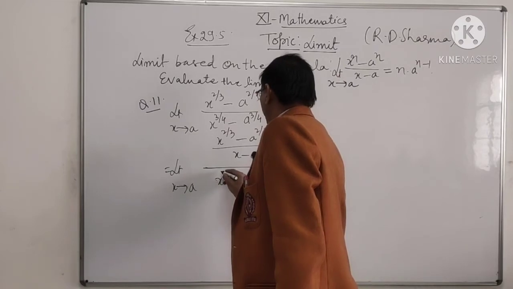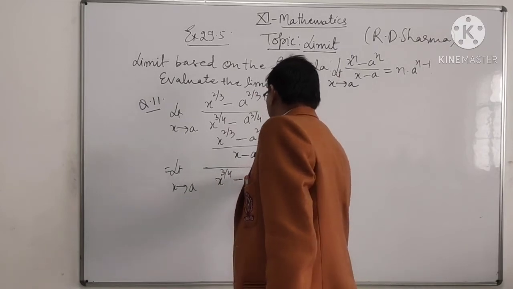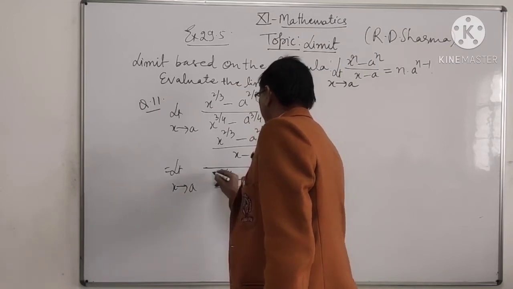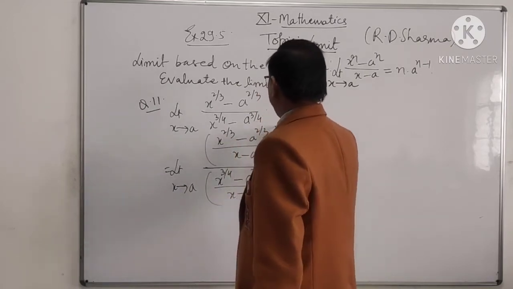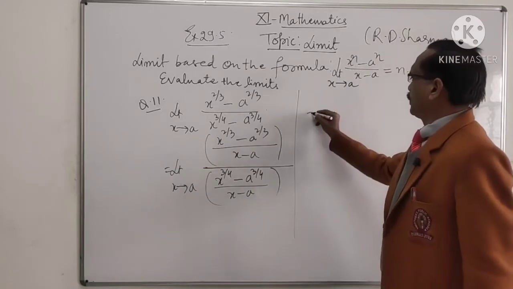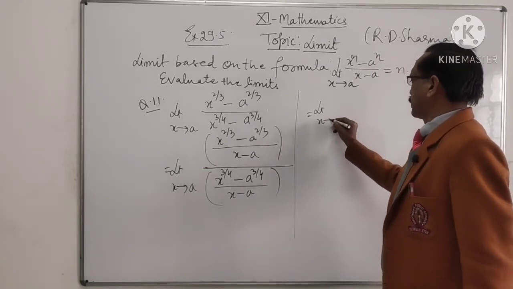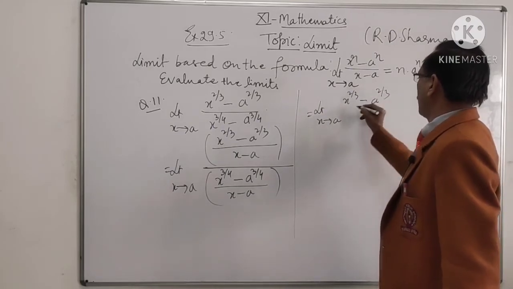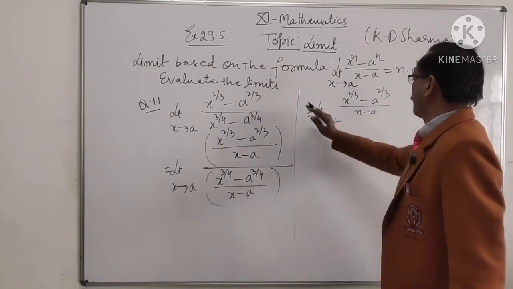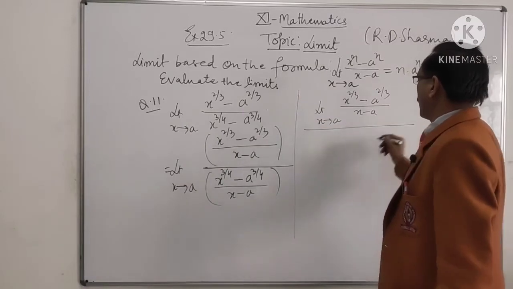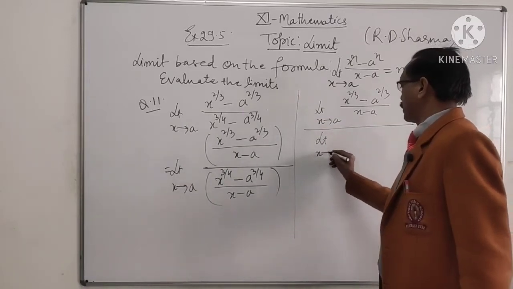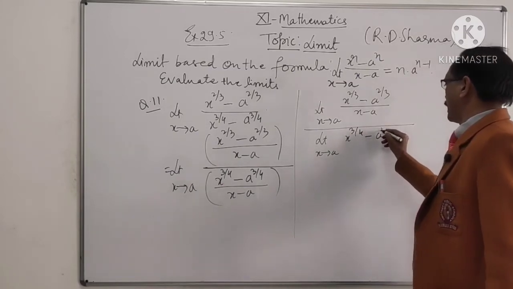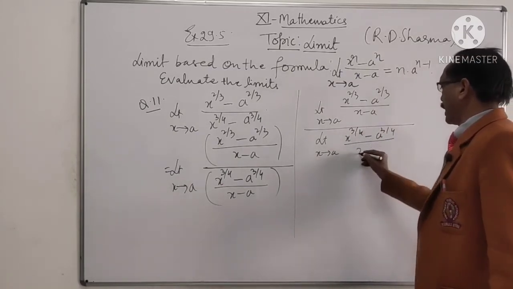Same in the denominator, x power 3 by 4 minus a power 3 by 4 divided by x minus a. Now there are two limits. So it is limit x tends to a, x power 2 by 3 minus a power 2 by 3 upon x minus a whole divided by limit x tends to a, x power 3 by 4 minus a power 3 by 4 upon x minus a.